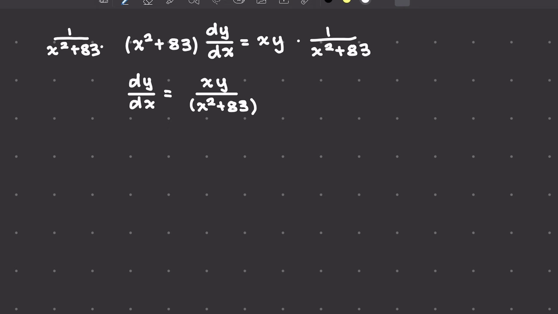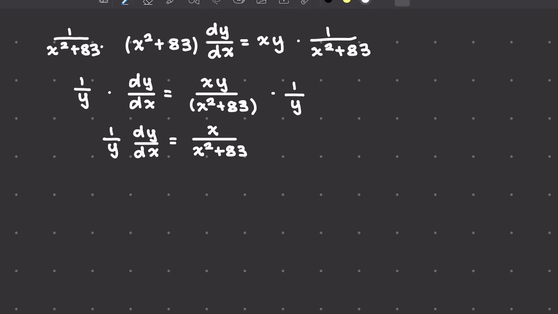We know that we still have a y on the right side, so we can multiply both sides by 1 over y. And so we will get 1 over y dy over dx equals x over x squared plus 83.